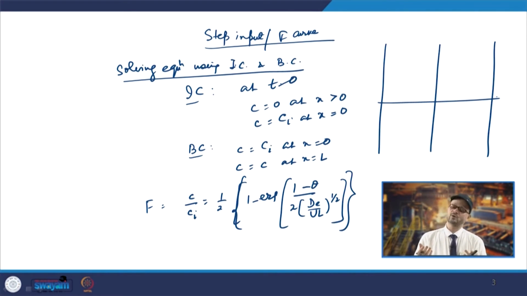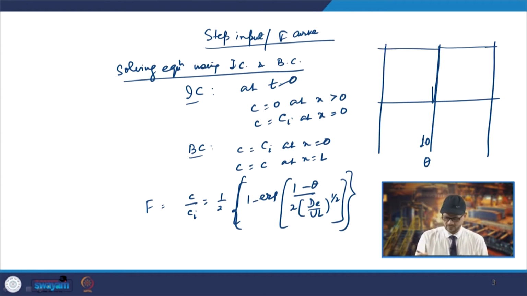What you see is that when there is no dispersion, as we had seen, it leads to the ideal plug flow. So, what will happen: this is theta and this is the value of 1. It will come like this, and at this point itself it will jump.